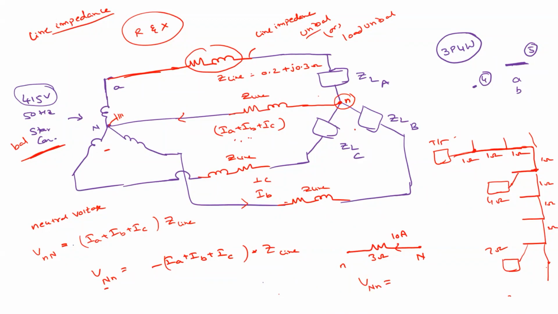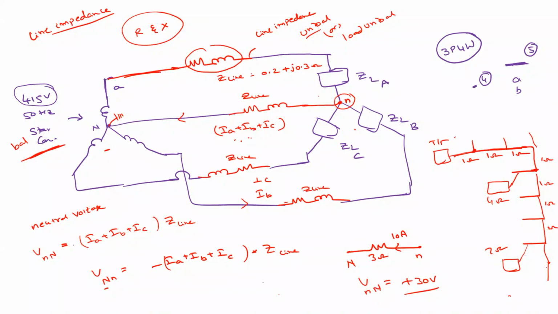Plus 30 volts, right? Sir, minus 30 should come, that's why I'm writing here. Small n to capital N, that is plus 30, no sir.